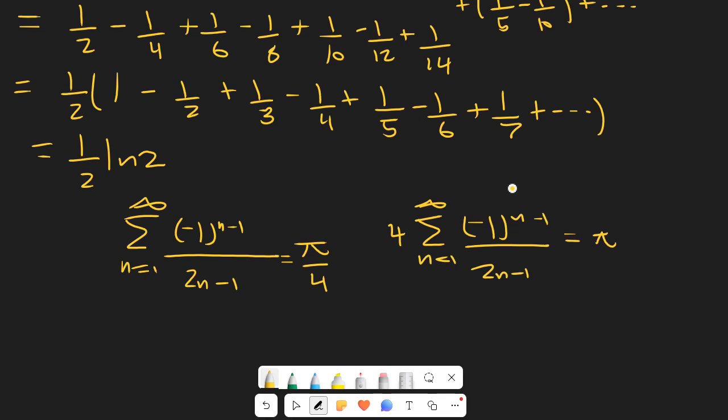But if you look at further ones, like the one that we looked at, (-1)^(n+1) divided by n squared, it goes to pi squared over 12 in either case.